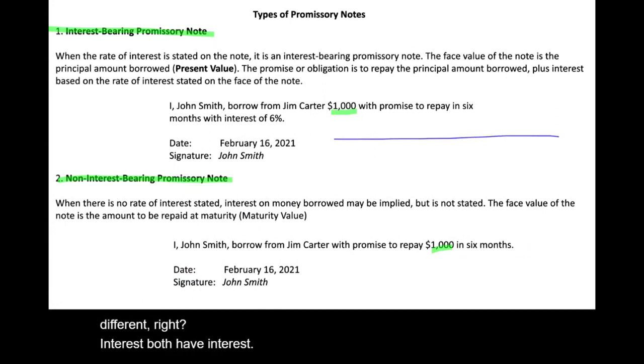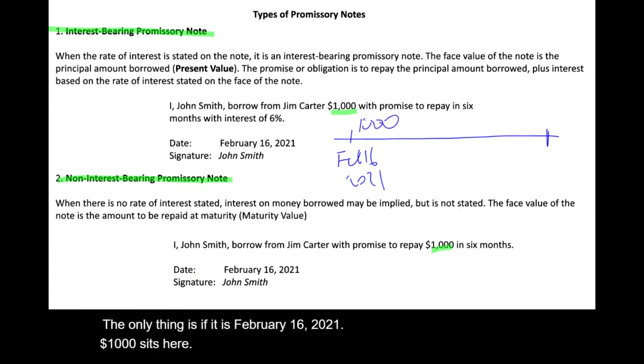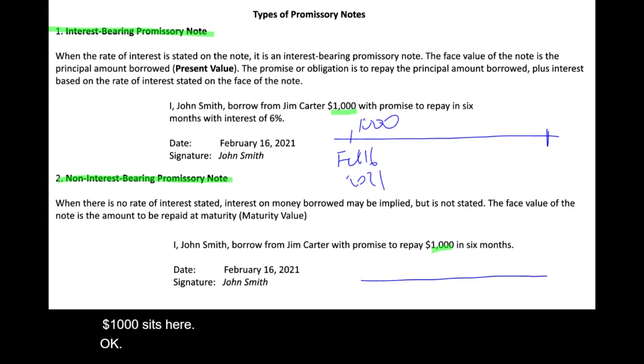The only thing is, if it is February 16, 2021, $1,000 sits here. Okay. If in this case, February 16, $1,000 sits here. Okay, that's the main difference.